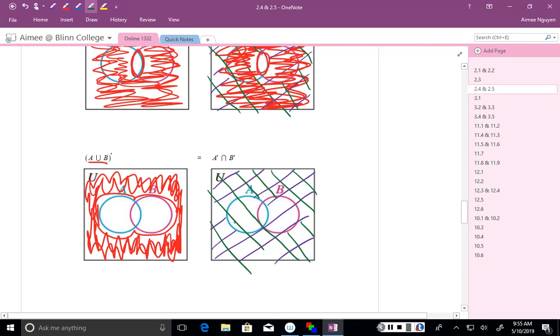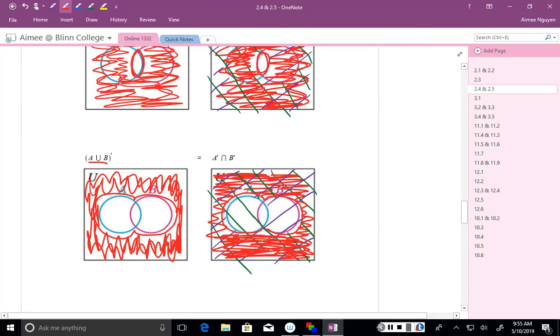So that means I want it to be both purple and green, right? So if I'm looking for where I'm purple and green, this part's only purple, so I don't want it. This part's only green, so I don't want it. So only purple and green together would be all of this part outside.